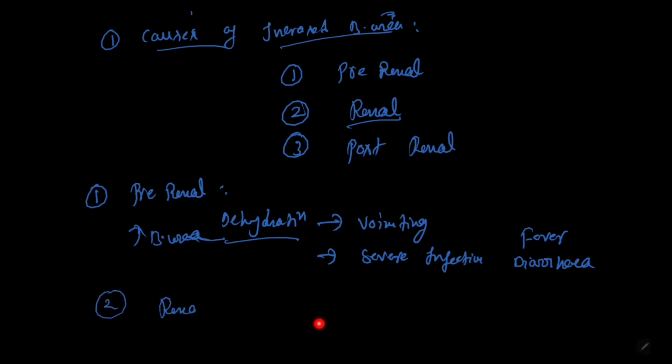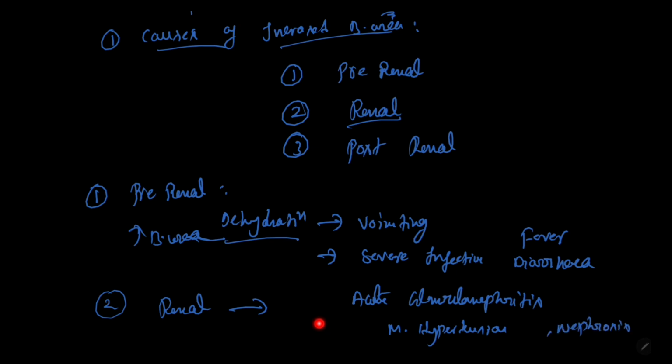Second one is renal conditions, where the kidney itself is involved. For example, acute glomerulonephritis, where kidney function is impaired, then malignant hypertension, then nephrosis.